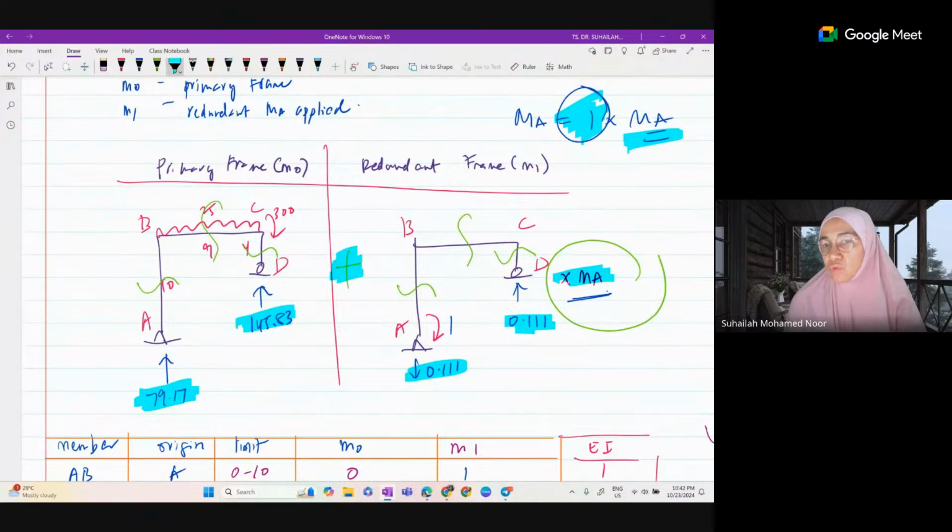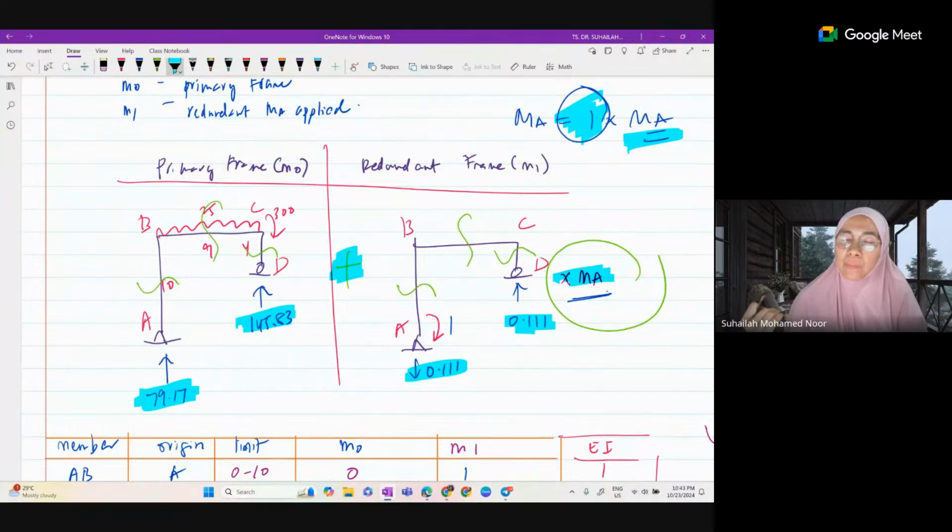Okay, for reaction in beam and in frame, you boleh pilih lah whether you want to choose the superposition method or you want to choose equilibrium equation. Untuk beam dengan frame boleh dua-dua. Untuk truss pun sama juga, tapi kalau you pilih untuk tidak pakai principle of superposition, bila kita nak calculate member forces, dia bukan the best option lah, because you need to repeat the whole process of calculating member forces using method of joint tu, you kena ulang balik semua.